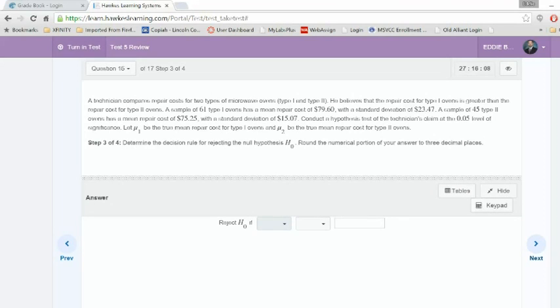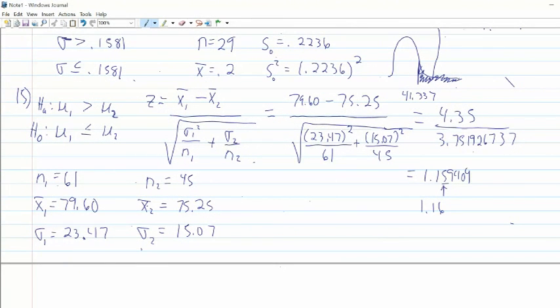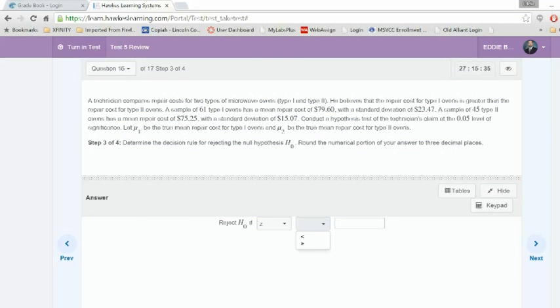Step 3 is to determine the decision rule for rejecting the null hypothesis. So reject H sub 0 if Z is, now look back at your alternate hypothesis. The alternate hypothesis is greater than, right? It's the top one here, greater than. So if Z is greater than, now we have to find the value from the table.